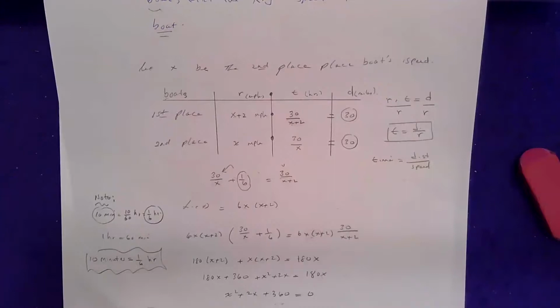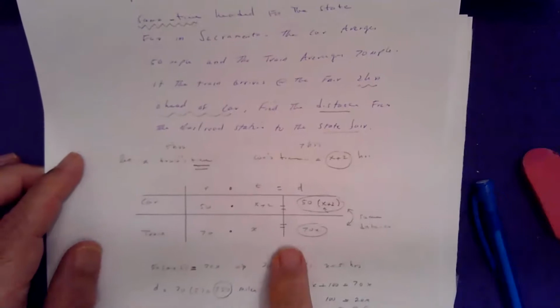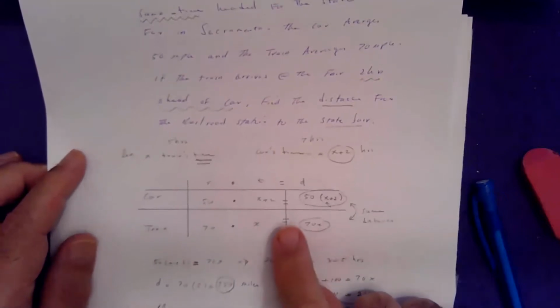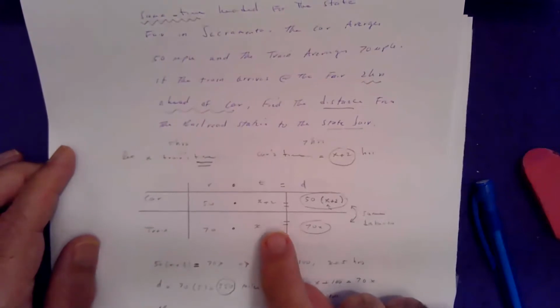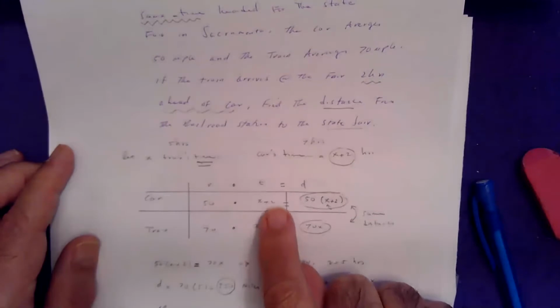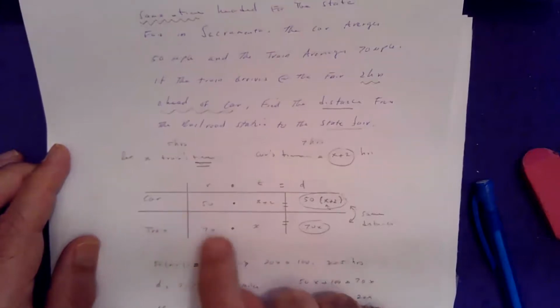And remember in the previous example, we added the 2 hours to the slower vehicle, which was the car.